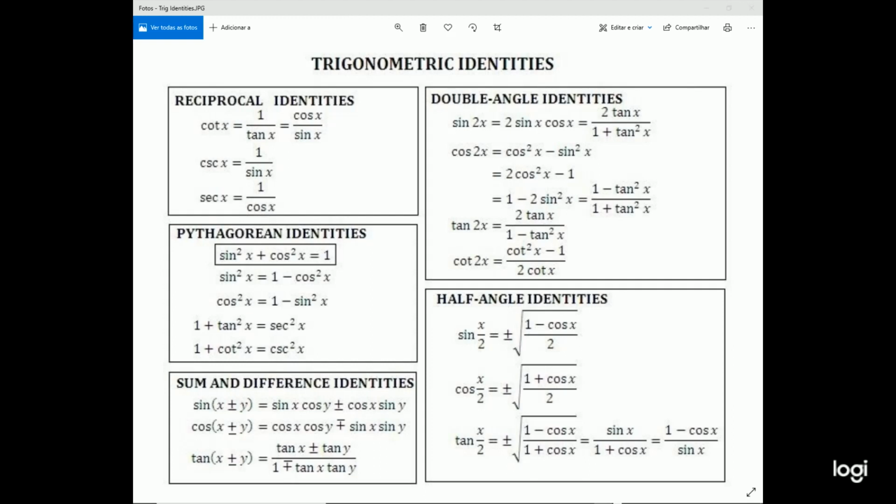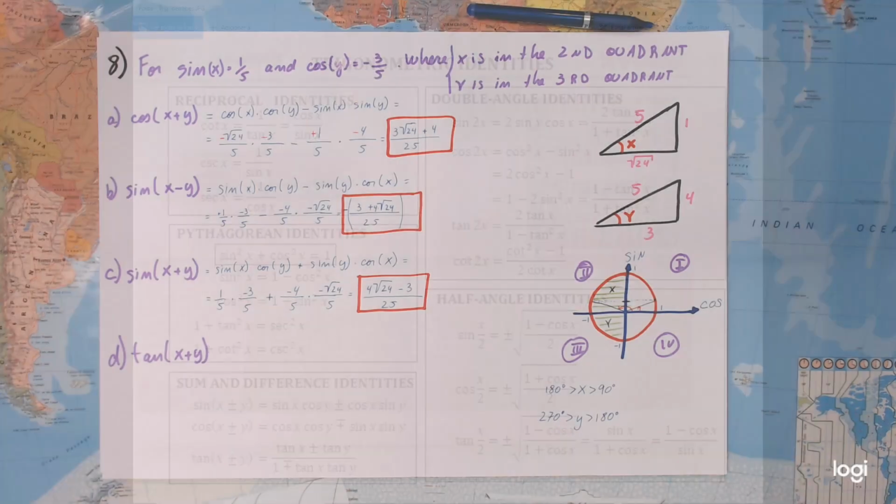For the tangent, x plus y is going to be the tangent of x plus the tangent of y, divided by 1 minus, it is reverse, the tangent of x times the tangent of y. And let's do this in here.